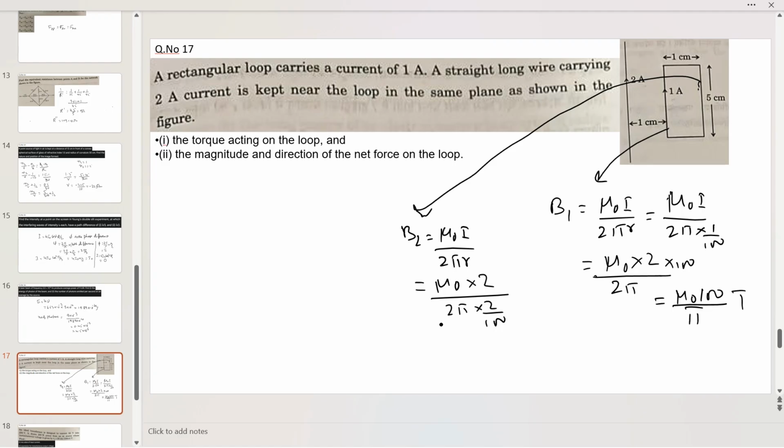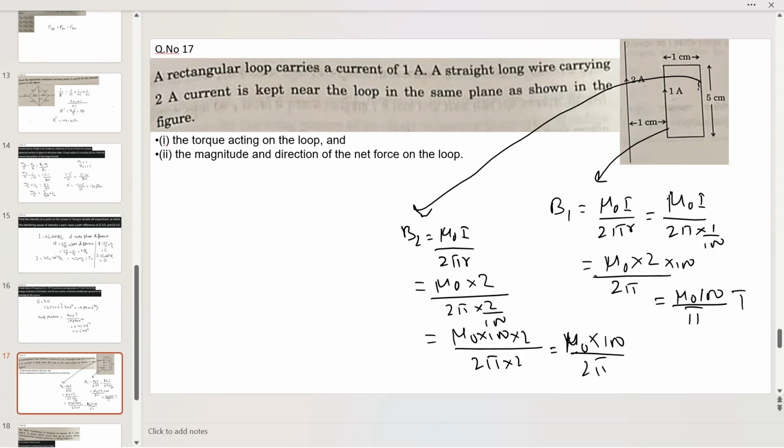So this will be equal to μ0 into 100 into 2 by 2 pi into 2. This cancels out, and this will be equal to μ0 into 100 by 2 pi. This will be the magnetic field here.